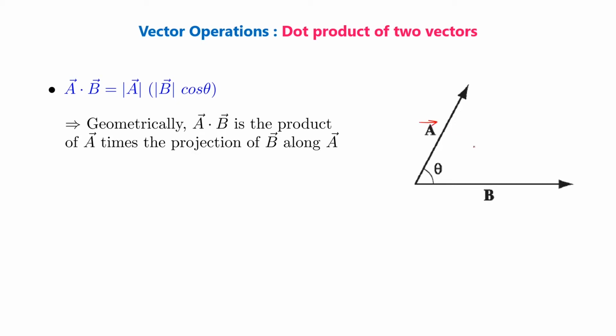Let's now try to understand the geometrical meaning of the dot product. We have two vectors, vector A and vector B, that are inclined at an angle theta. Now, the projection of vector B on vector A is B cos theta.